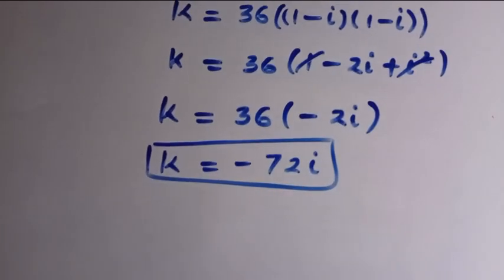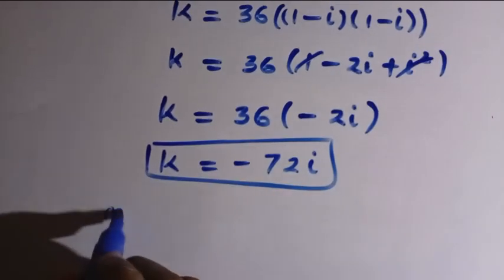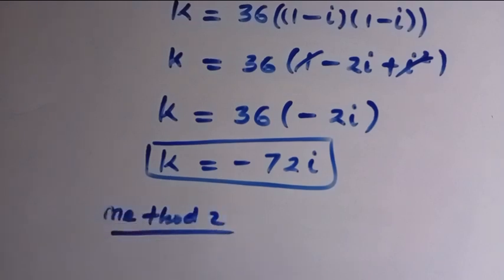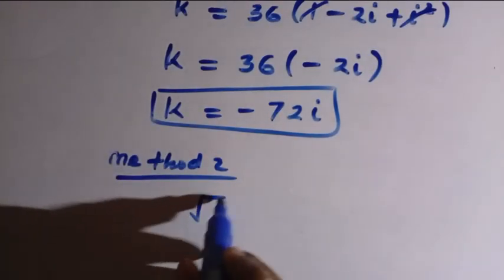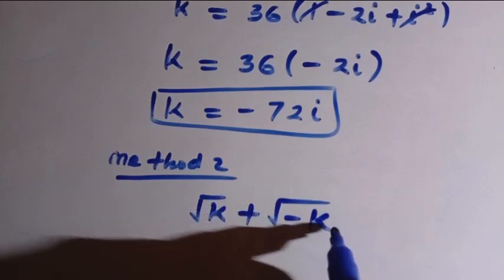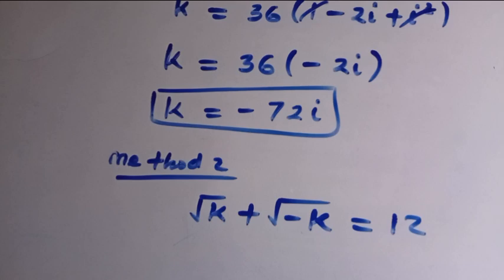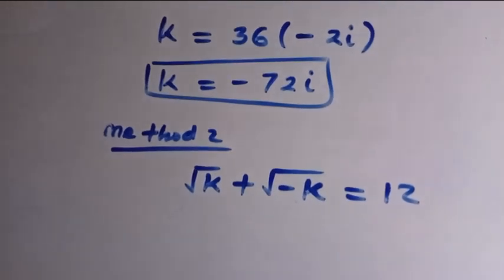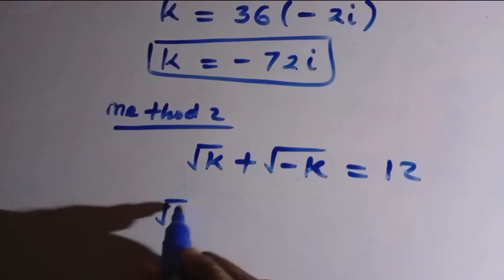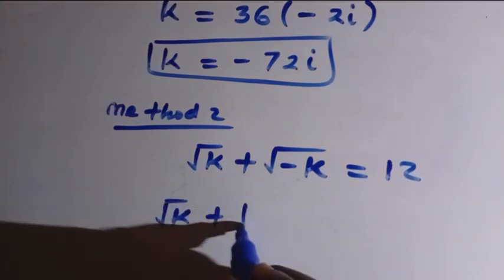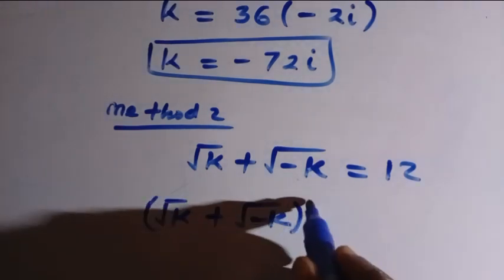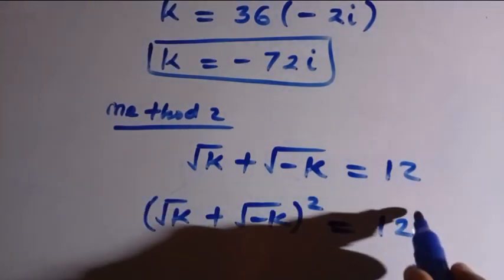And for the second method, let's consider this as method 2. From the given problem, we have square root of k plus square root of minus k equals 12. So here, let's square both sides. By squaring both sides, we have square root of k plus square root of minus k all squared equals 12 squared.